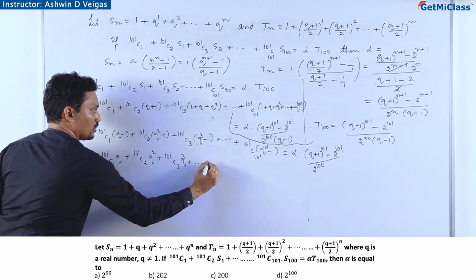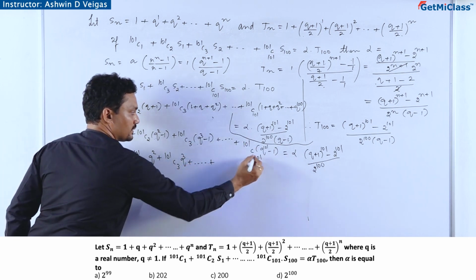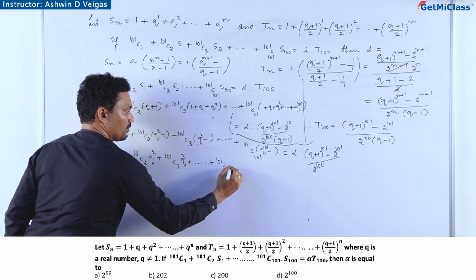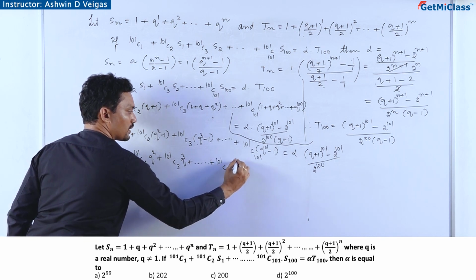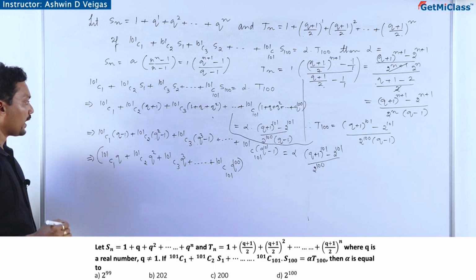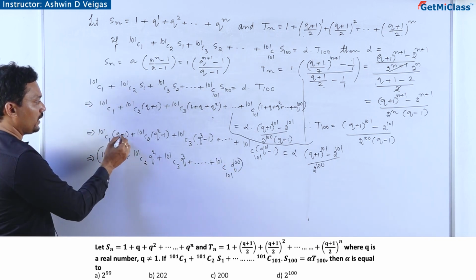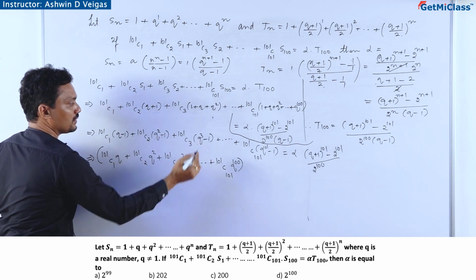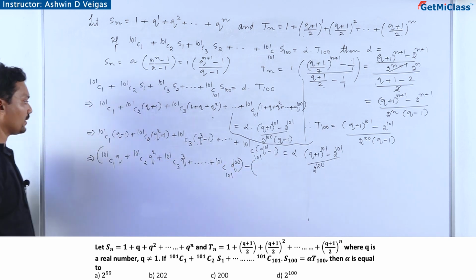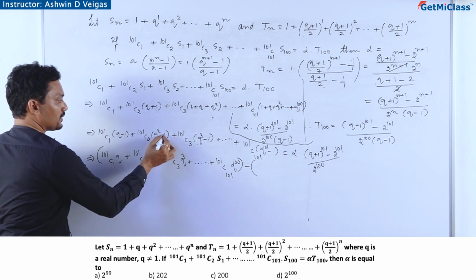Like this, if you go on collecting, the last term will become 101C101 into q power 100. This is one set of terms, and in the other set of terms we have minus 1 common.